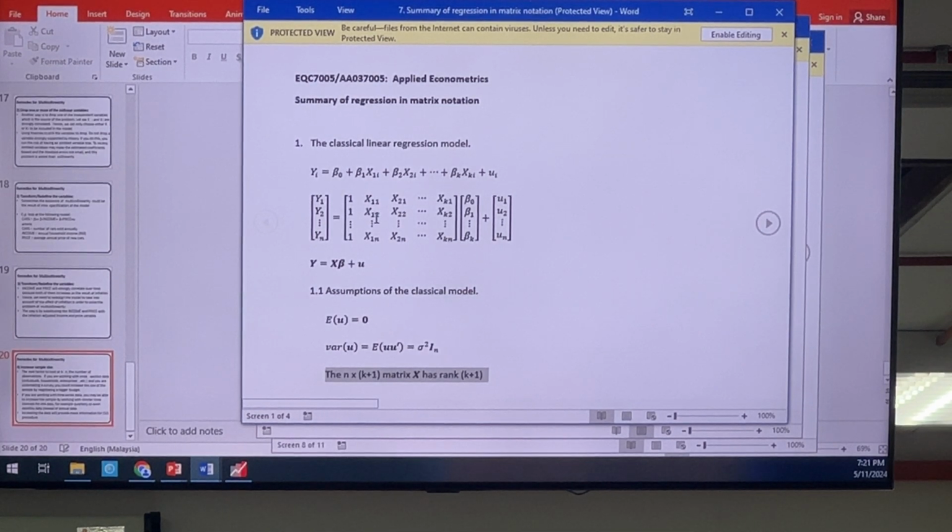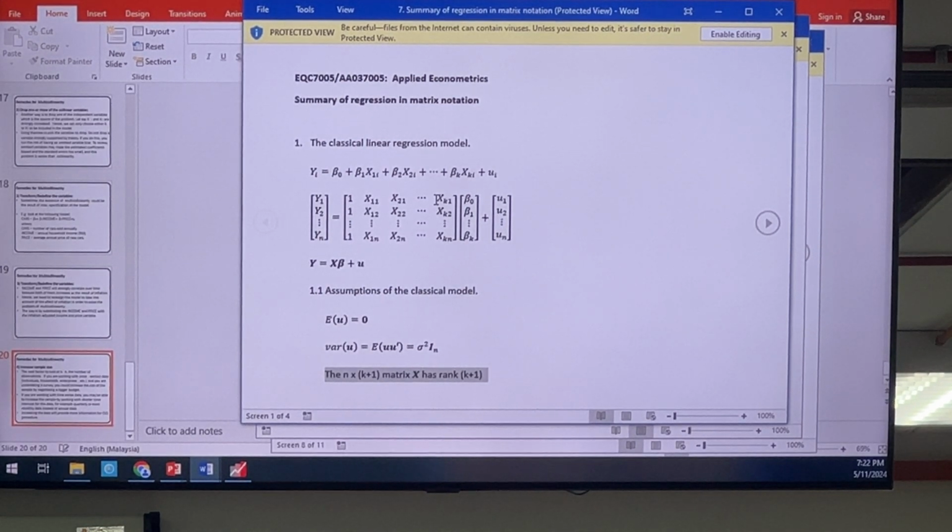Let's say you only have 3 observations, and it's possible that for those 3 observations you have a coincident linear dependence, for example, x1 almost equal to 2 times the value of x2 plus x3. That is possible when we have a smaller sample size. The chance of having that linear dependence is higher.